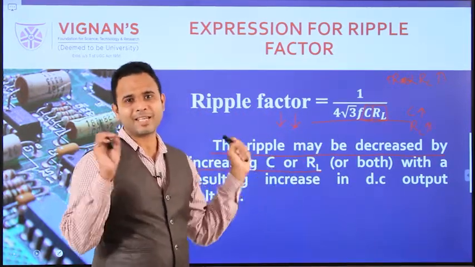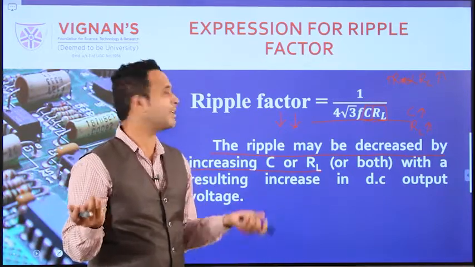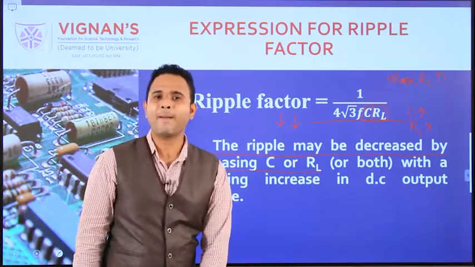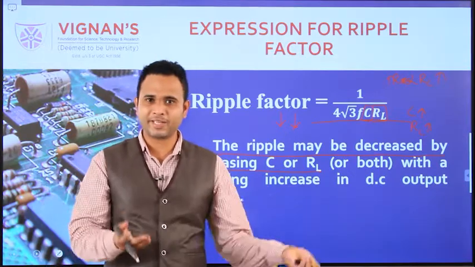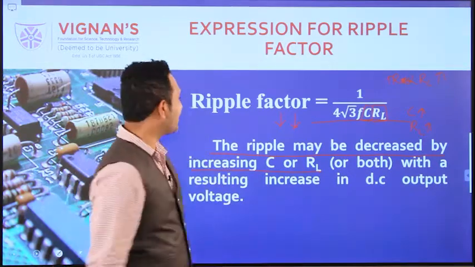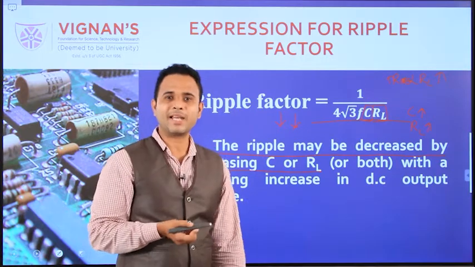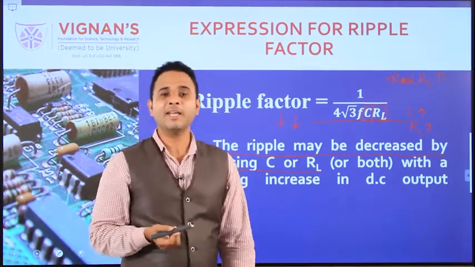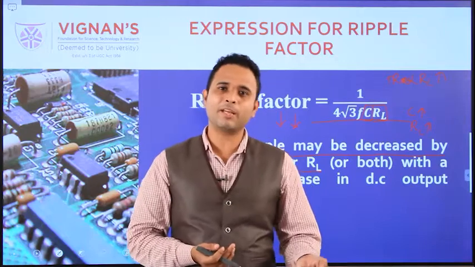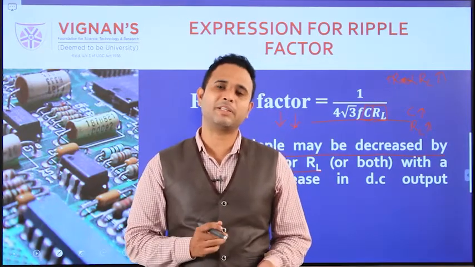Here we can increase the load resistance, and then the ripple factor automatically goes to a very low value, because it is inversely proportional to the load resistance as well as the capacitor. That's why in practice we use shunt capacitor filters.